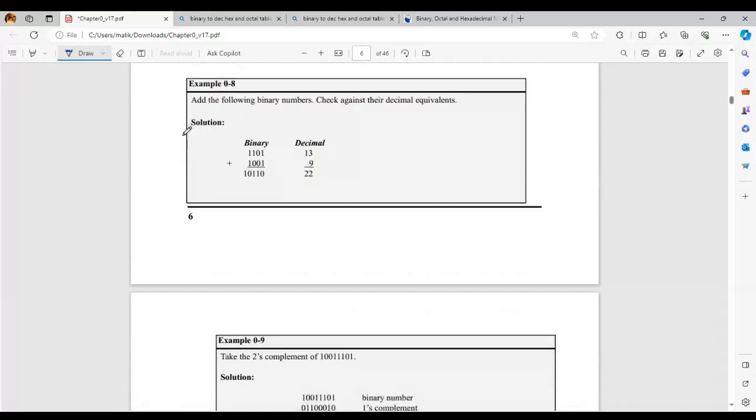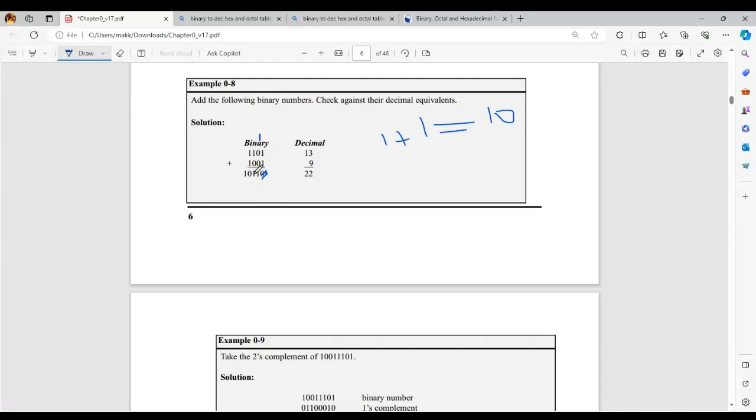To add binary numbers, they are added in a simple way, like 1 plus 1 is 10. So 0 is written here, and 1 plus 1 gives us 2, which in binary is 10. We put 0 here, and give 1 as a carry to the next side.